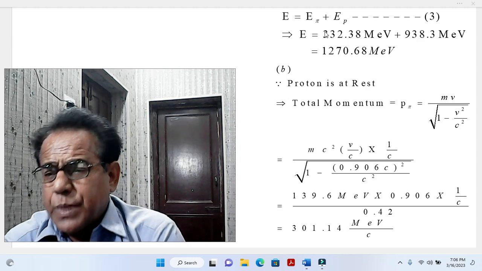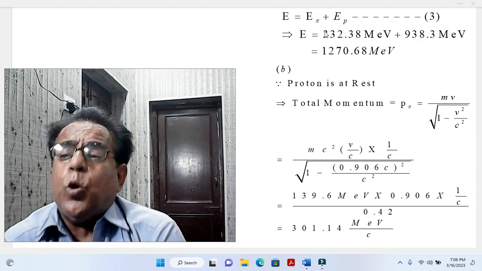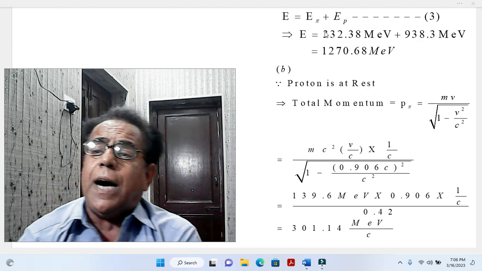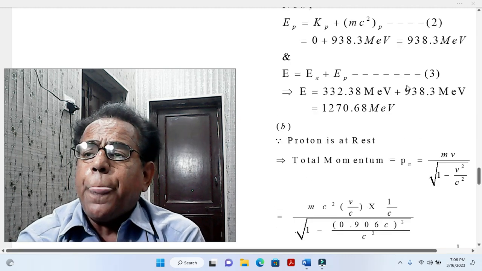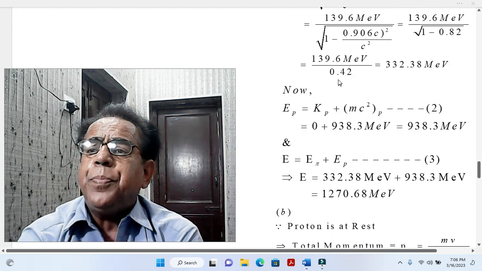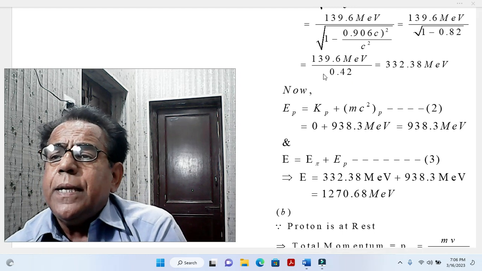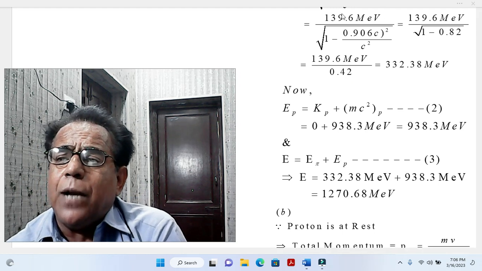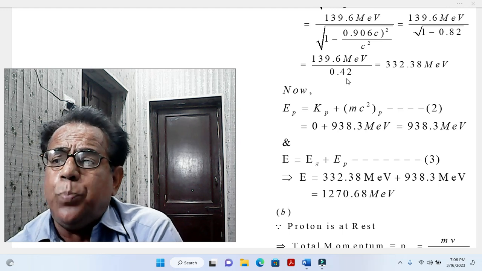In the denominator we have used 0.42, which we have already calculated. Let us go a step behind: the expression for gamma, the Lorentz factor, gives us the result 0.42.